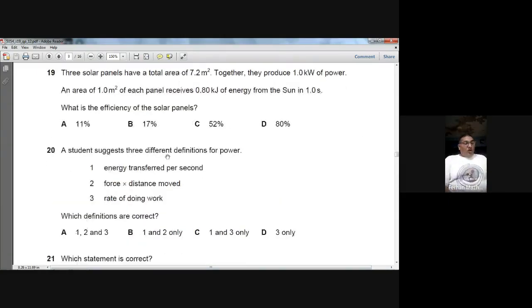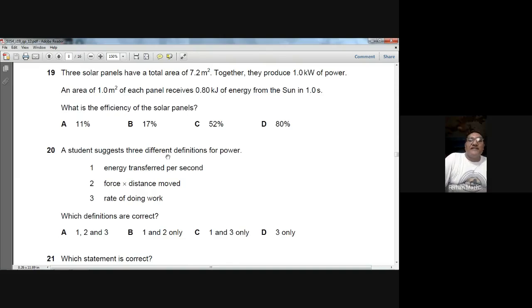Okay, on your screen we have question number 19. 3 solar panels have a total area of 7.2 meters square. So the combined area of the 3 solar panels is 7.2 meters square. Together they produce 1 kilowatt of power.